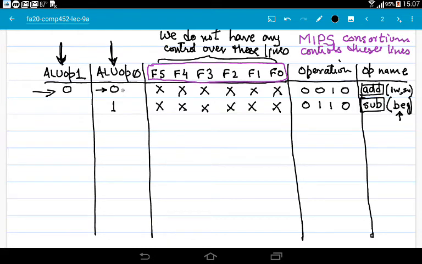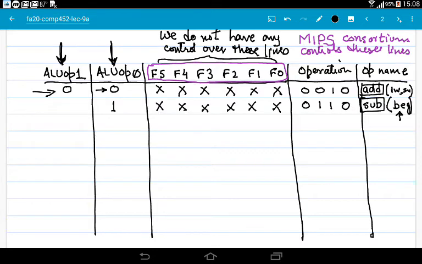So now this is our decision. I could have made it the other way around, that if ALU op 1 is 0 and ALU op 0 is 1, then we perform add operation, and if ALU op 1 is 0 and ALU op 0 is also 0, then we perform subtract operation. We could have done that because it's in our control, okay?